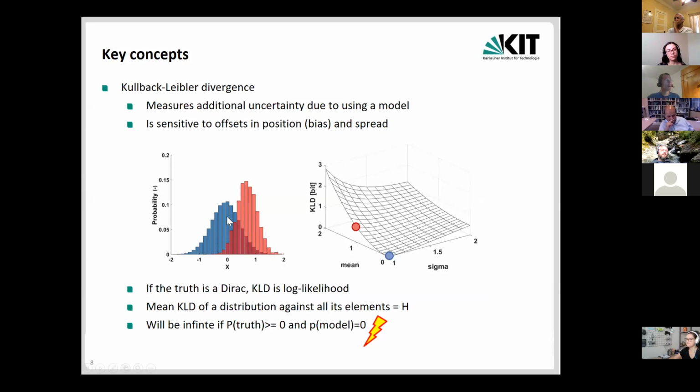Then we are both off. We have a bias, and we also don't have the same spread. And if you look here on the right side plot, these are the variations, the offsets in variance and the bias that are introduced for many distributions. And this is the Kullback-Leibler surface. It will be 0, and only then 0.